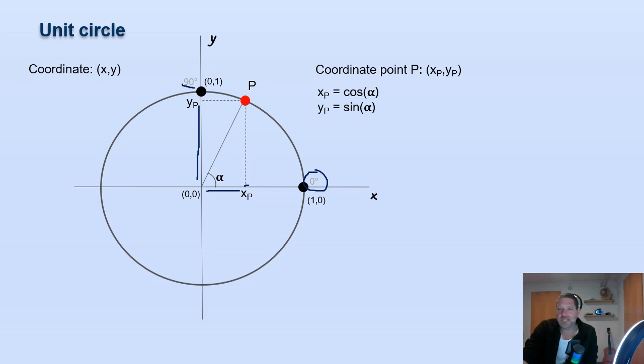So what is it in this case? We cannot calculate it because we don't know the exact angle alpha. But we can see already. So if you look at xp, it looks like something about half-ish, maybe a little bit less, I don't know, somewhere halfway. And the sine is almost 1.